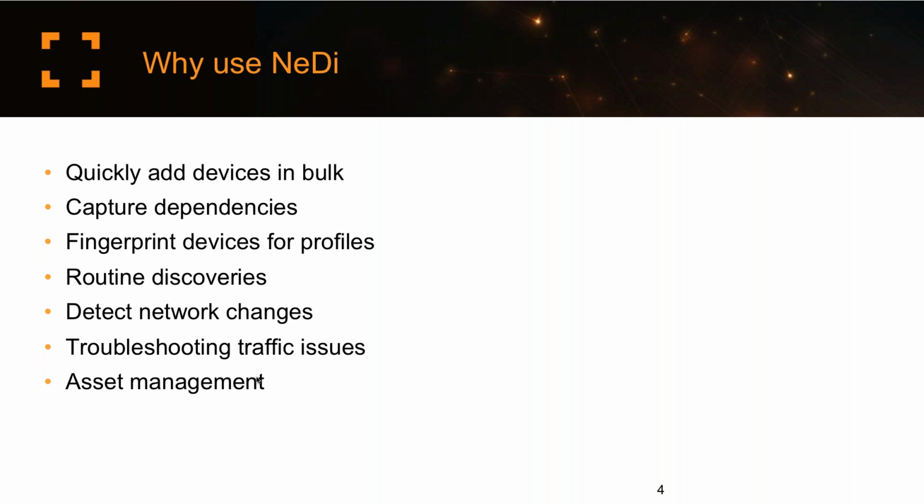For example, if somebody changes your network topology by plugging something into a switch port that you don't know about, and stands up, say, a wireless access point, that kind of thing, you can quickly find that with a NeDi discovery. Additionally, NeDi can be used for troubleshooting network traffic issues as well as asset management, and we're going to go through those as well at the end.